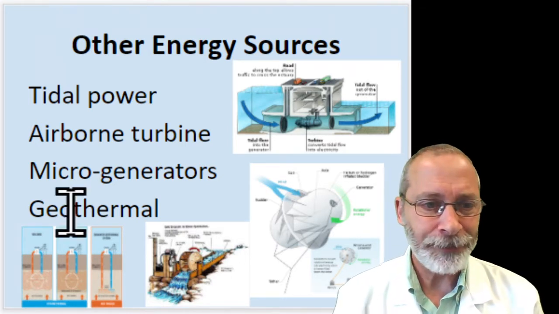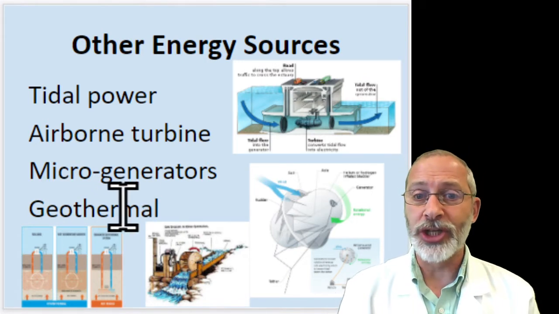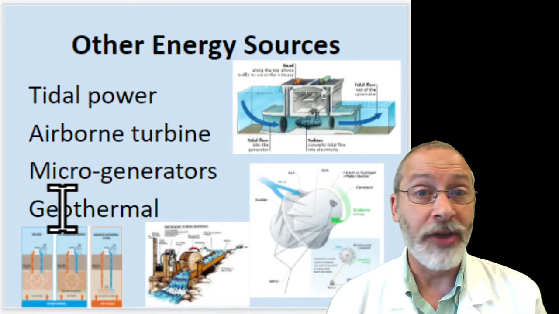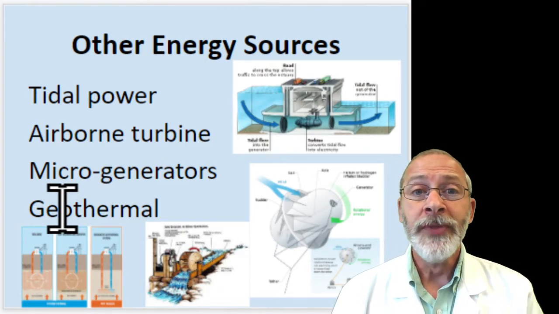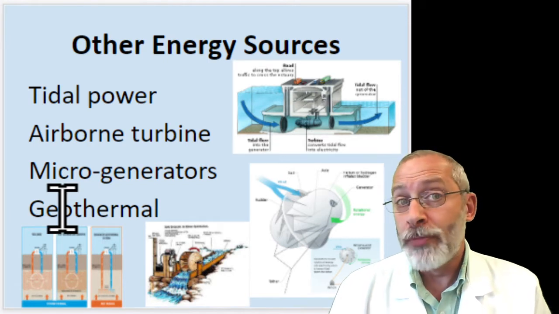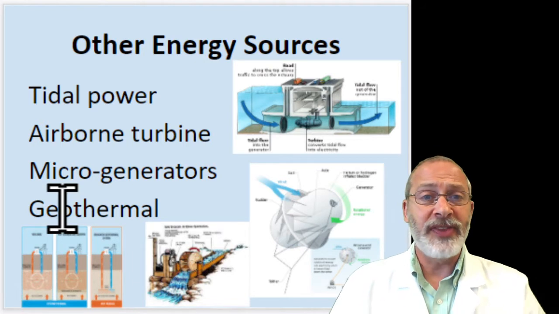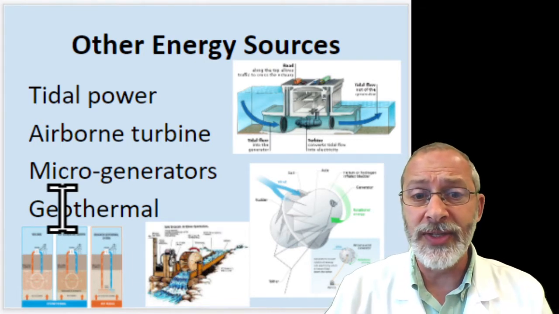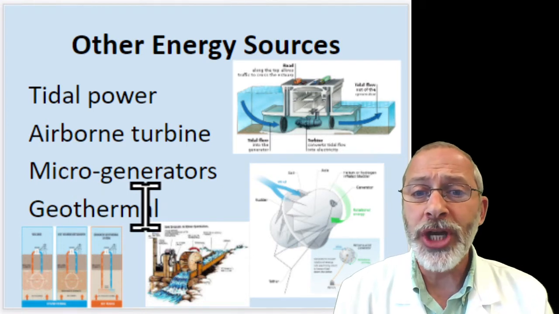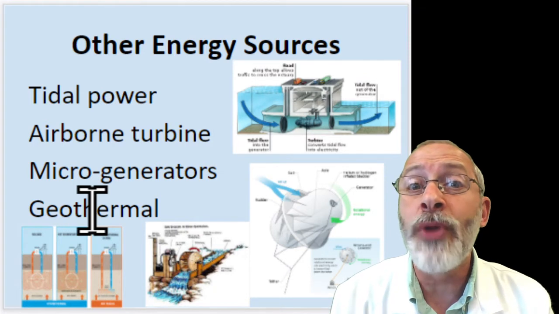Another example are called microgenerators. These are actually catching on. In fact, these have really caught on in underdeveloped nations of the world where there are smaller populations in regions and there is not the infrastructure that exists in more populated areas like the United States. What are microgenerators? Microgenerators would take advantage of, say, a smaller river.